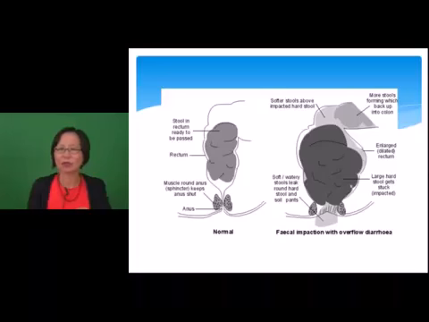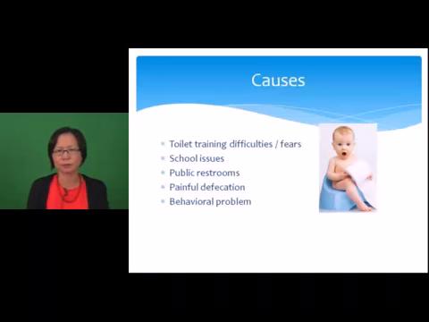Then, as the stool sits inside the rectum, more and more water gets absorbed from that stool, and it becomes desiccated and hard, and literally gets stuck and impacted into the rectum. The rectum becomes chronically stretched, and you lose that normal sensation, and this allows liquid stool to leak around the hard blockage without the child even being aware that they have to stool.